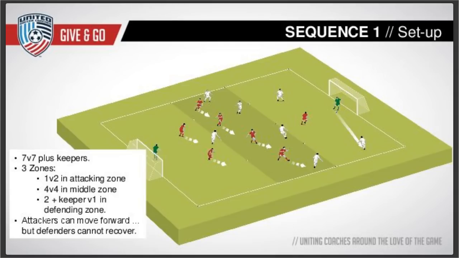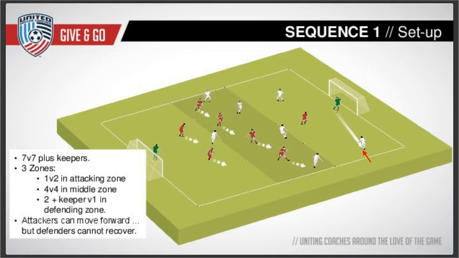As you can see, there are three zones to the field. We have an attacking zone for the white team, where we have a 1 versus 2 disadvantage for the whites, a 2 versus 1 advantage for the reds, and of course, a goalkeeper. In the middle zone, we have equal numbers, 4 versus 4. And then in the defending zone, we also have a 2 versus 1 in favor of the white team in possession.